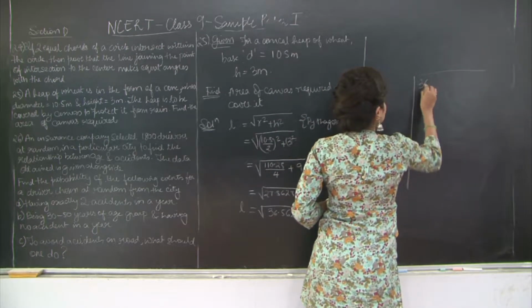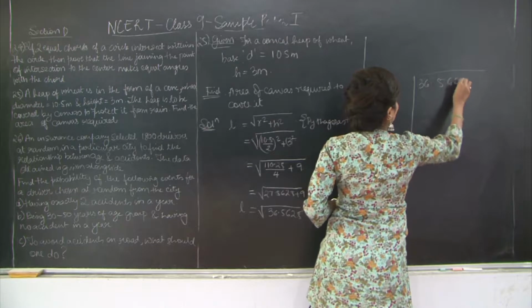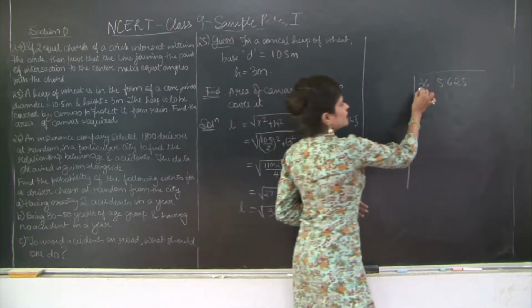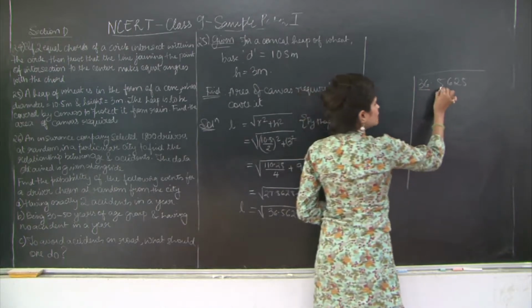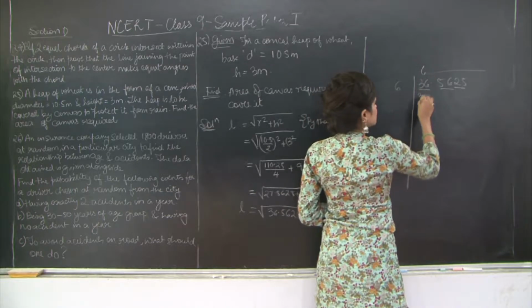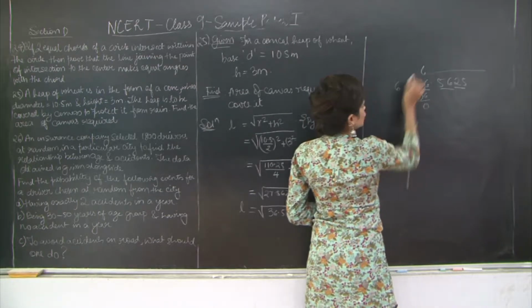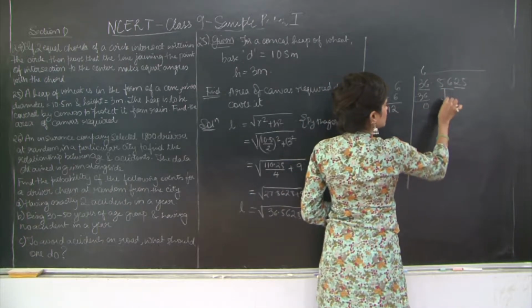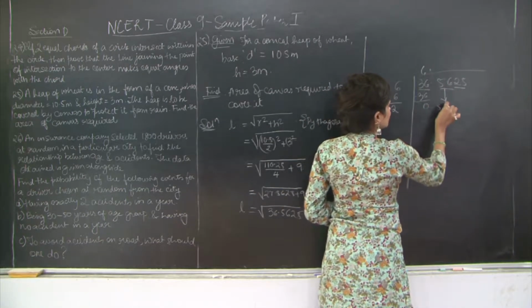So I have 36.5625. I start pairing up my numbers before and after the decimal. First these two, then after the decimal these two. So 6 sixes are 36, minus 0. You add the same number here, you get a 12. Then you bring down this number out here, put a decimal here, 56.